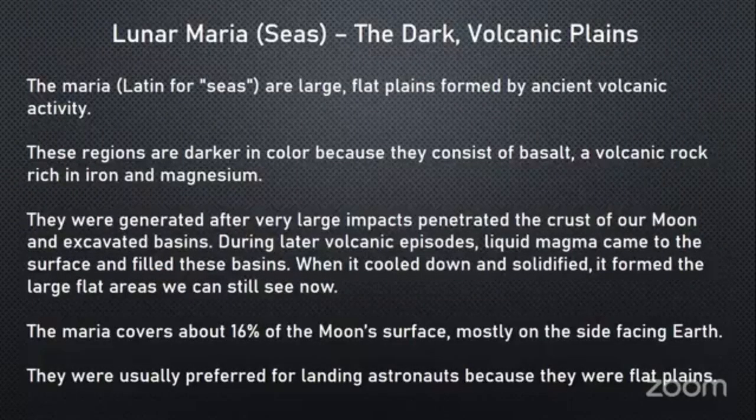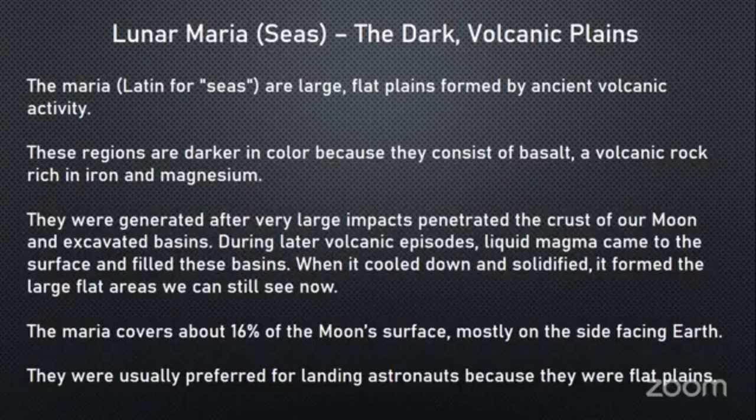So how about the Lunar Maria, the seas, the dark volcanic plains? The Maria, Latin for seas, are large, flat plains formed by ancient volcanic activity. These regions are darker in color because they consist of basalt, volcanic rock rich in iron and magnesium.